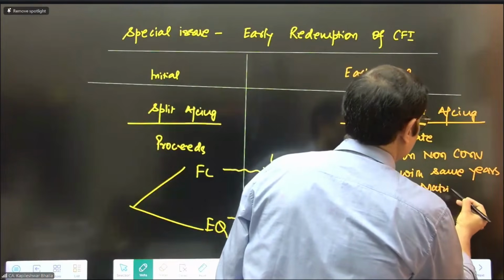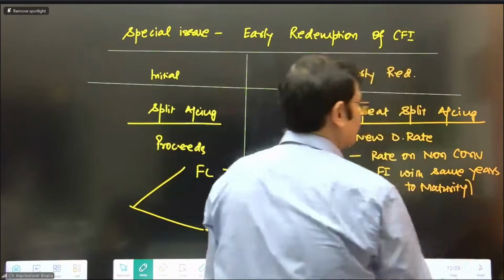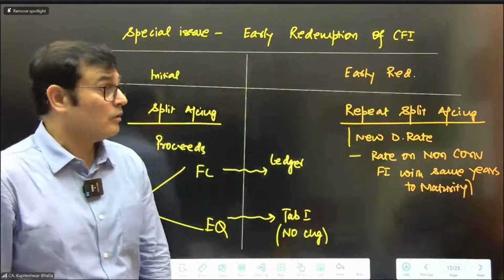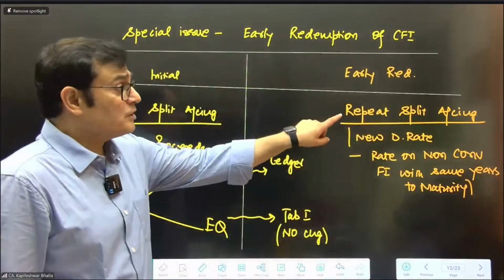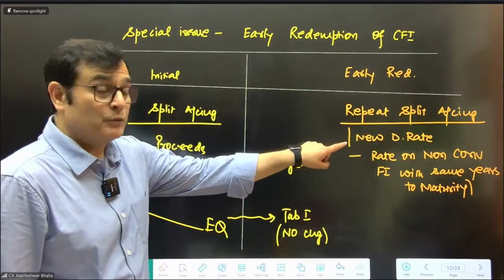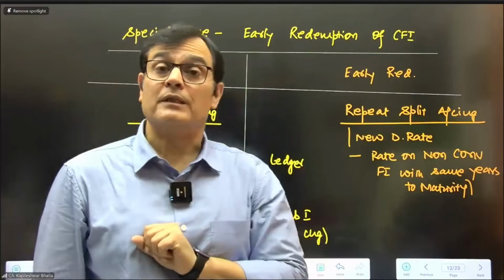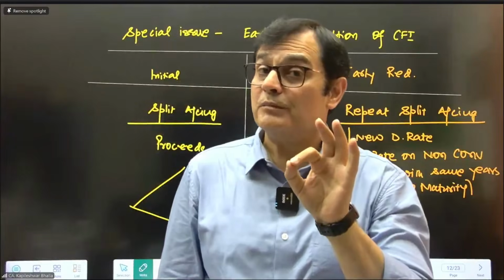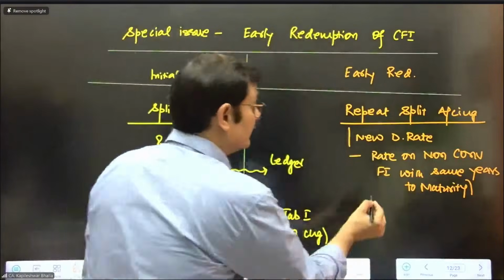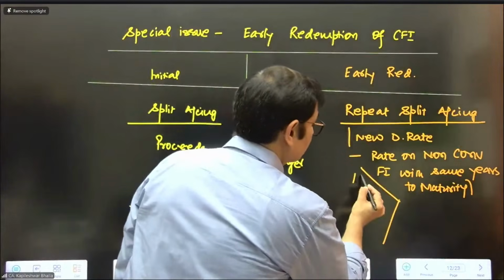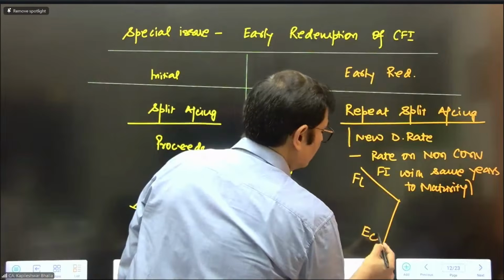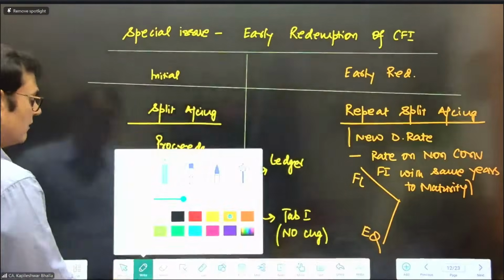In this case, it is 10%. That's the important call: repeat the split accounting, consider a new discount rate, which is the rate on a non-convertible instrument with the remaining years of maturity. And you will get the financial liability and the equity component based on the split accounting.